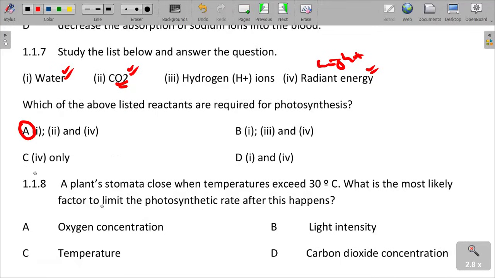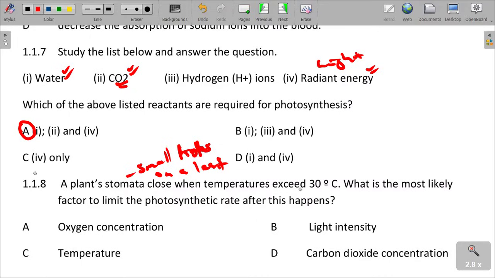So a plant stomata closes when temperature exceeds 30 degrees. We are talking about the small holes on a leaf, which is what we call stomata.